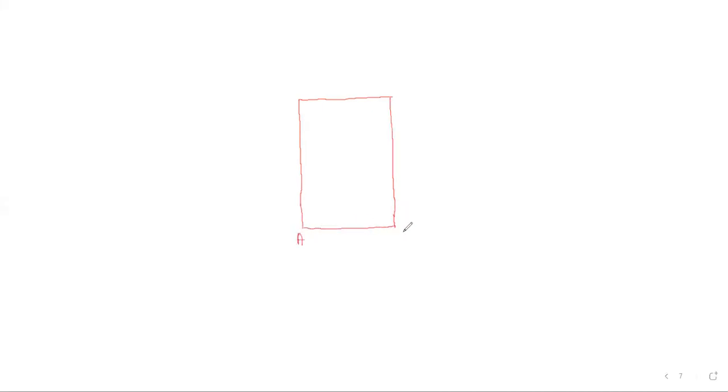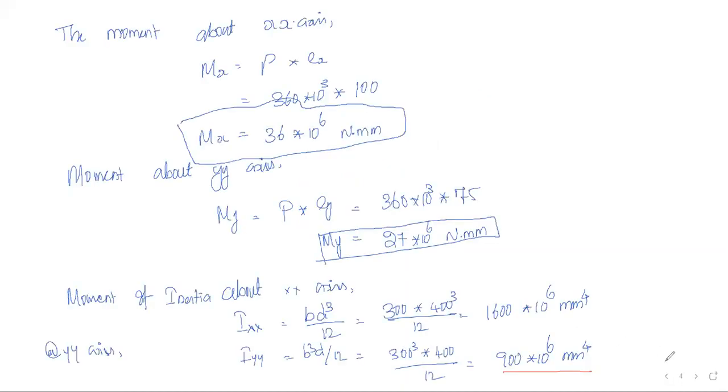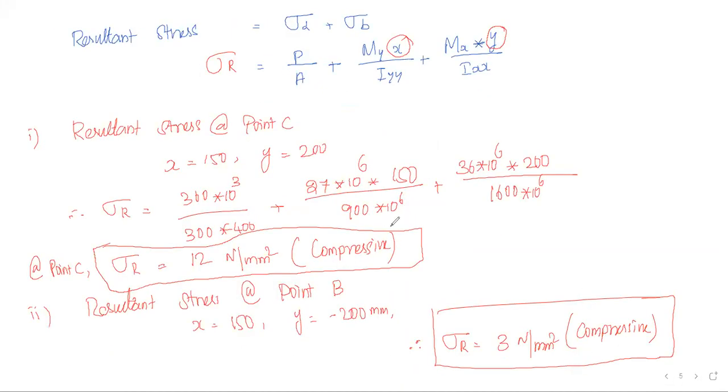So A, B, C and D. At C it is maximum stress, 12 Newton per mm square, and at B it is 3 Newton per mm square.